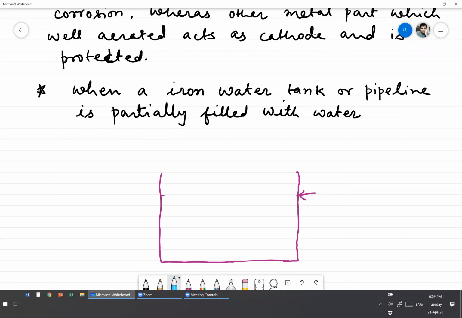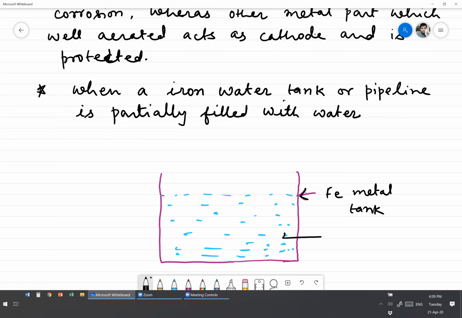It is filled with water. So here we have an iron metal tank. This is water.